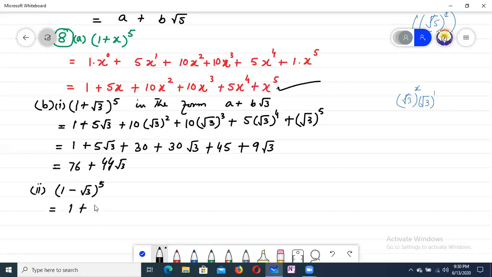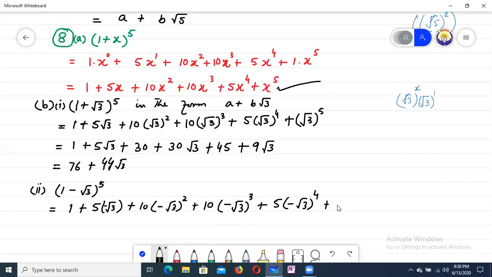1 plus 5 into minus square root of 3, plus 10 into minus square root 3 squared, plus 10 into minus square root 3 cubed, plus 5 into minus square root 3 raised to the power 4, plus at the end minus square root 3 raised to the power 5.